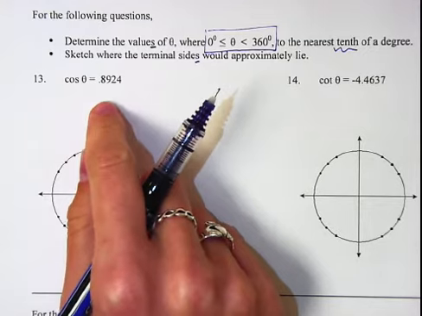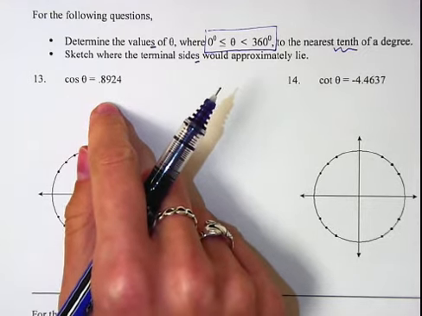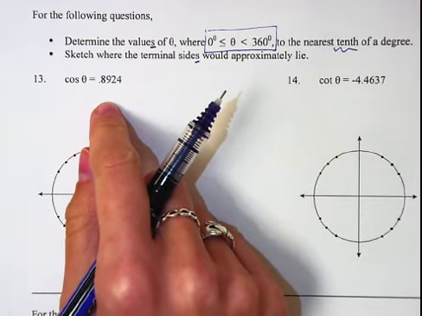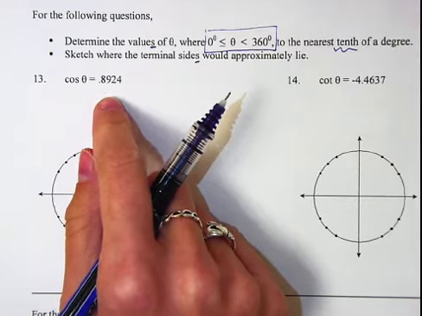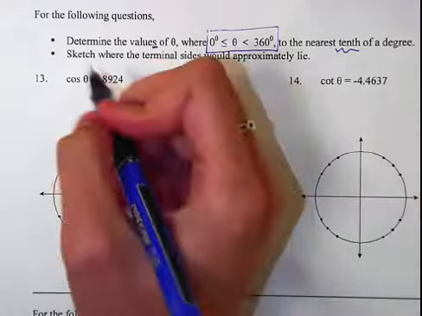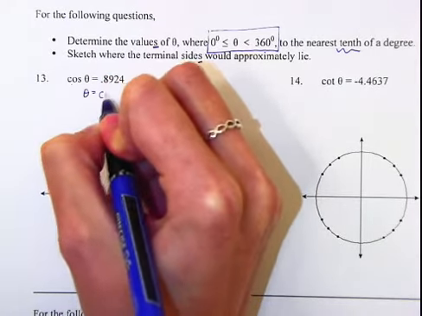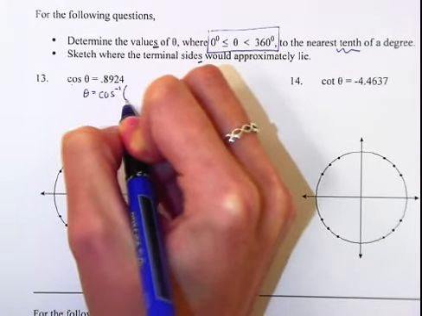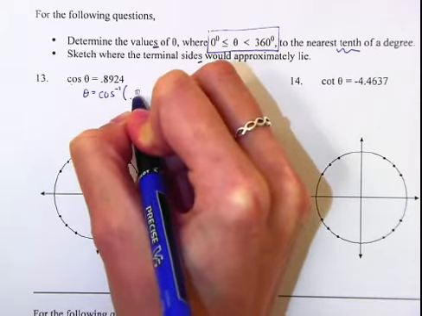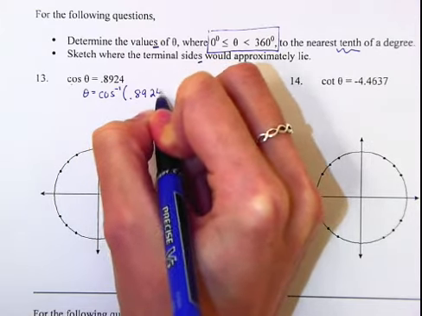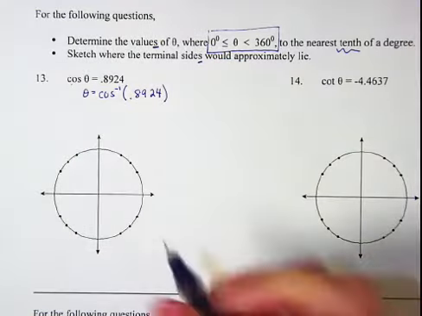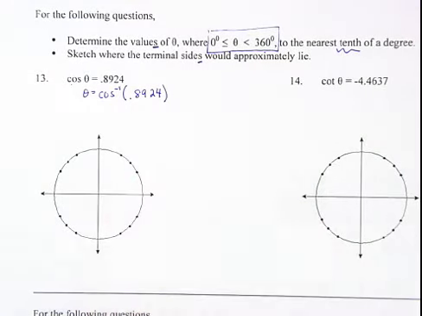To separate a trig function and a value of theta, you use inverse operations, or take the trig inverse of that value. So we're going to say that theta equals the cosine inverse of this value, 0.8924. Can I type it into my calculator now?